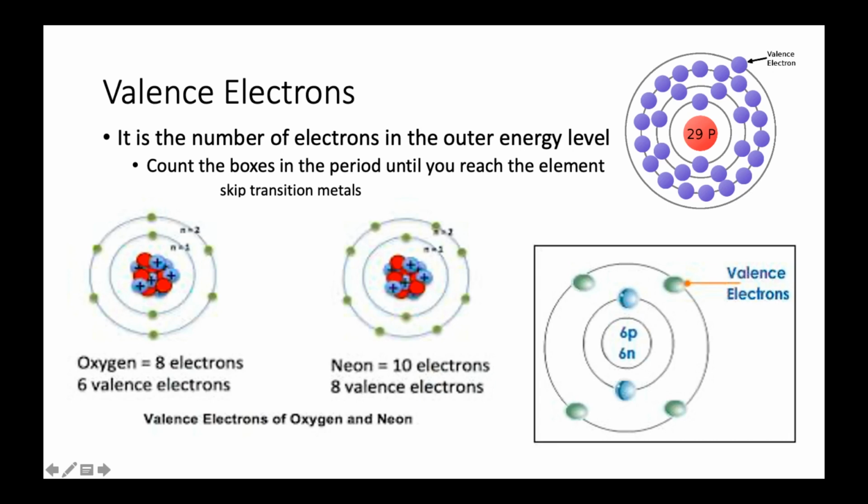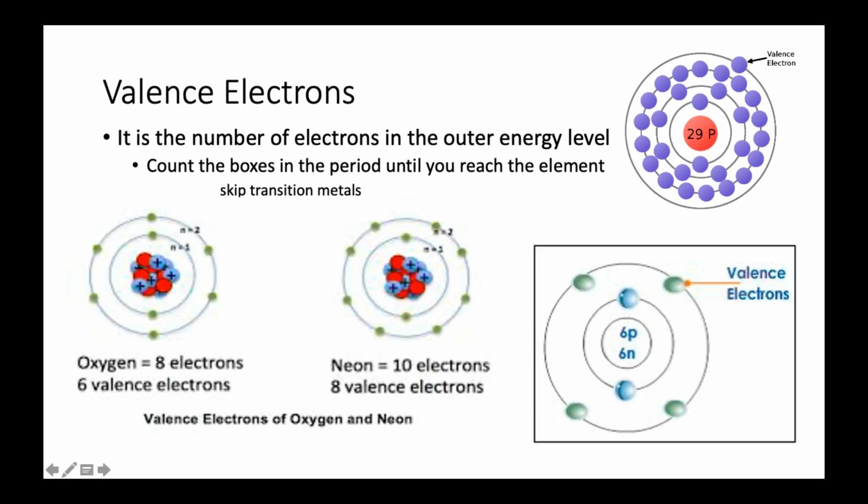So that makes 6 valence electrons. Now, if I look at neon, neon has 10 electrons, 2 in the first, and 1, 2, 3, 4, 5, 6, 7, 8 electrons in the outer energy level, so therefore neon has 8 valence electrons.